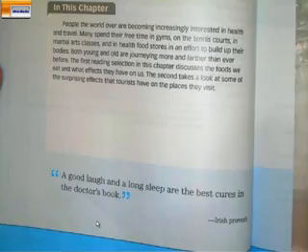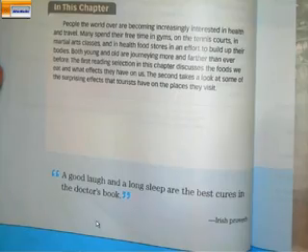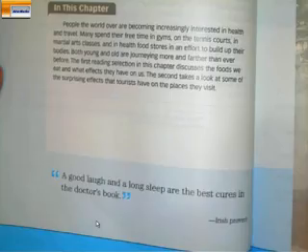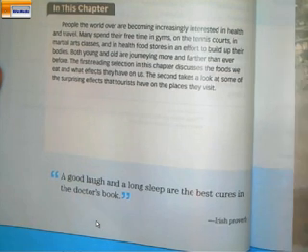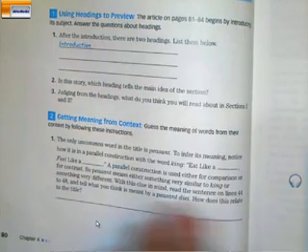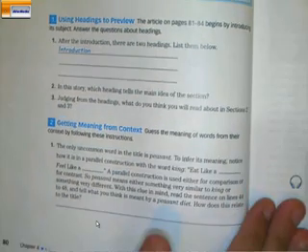Cures means medicine here. So these are the best medicine for someone's health. And if you open the doctor's book, you will find these are the best cures, because using medicine is something temporary. These are permanent.